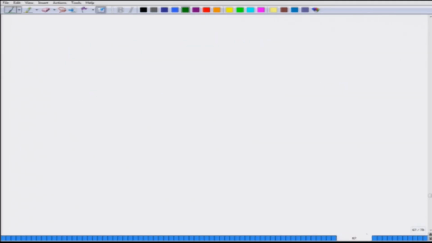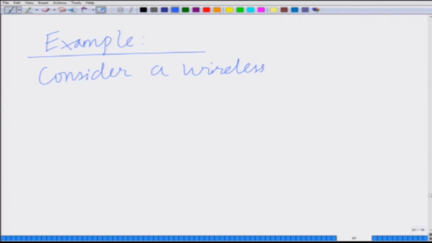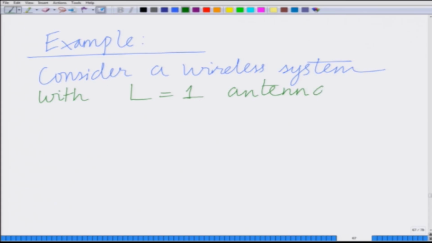Let us for instance take a simple example. Let us consider a wireless system with L equal to 1 antenna, and we want to ask the question, what is the diversity order of this system with L equal to 1 antenna?